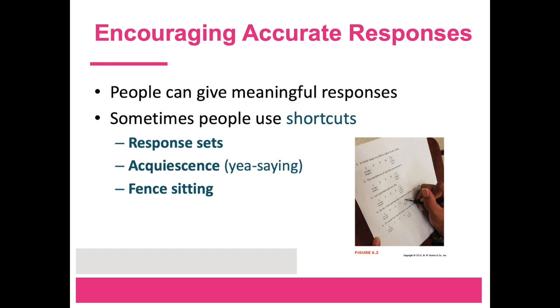So how can we really help with this? With fence sitting, one solution is to remove the neutral. You force them into one side or the other. This can be tough because there might be some people that truly are neutral. So how can we help with yay saying?